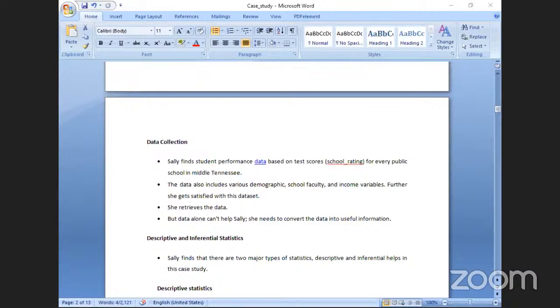For a moment, I'll stop sharing my screen with respect to this Word document and move back to the Excel sheet where she got that data. Let me open my Excel sheet.